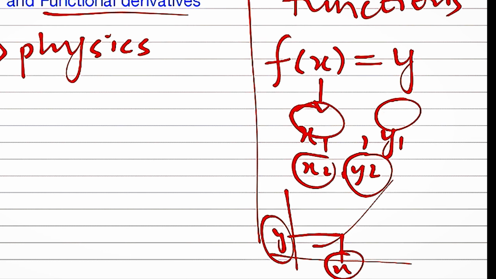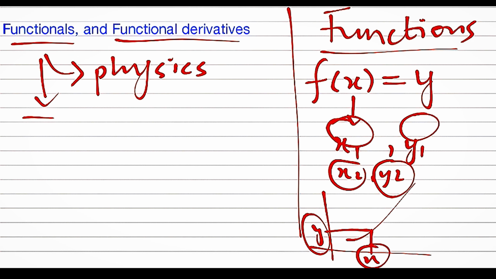However, in the case of functionals, the case is a bit different, and we'll see how. Having a concept of functions in mind will help us form an intuitive understanding about functionals as well. Keep in mind that it's a mapping from a number field to a number field.